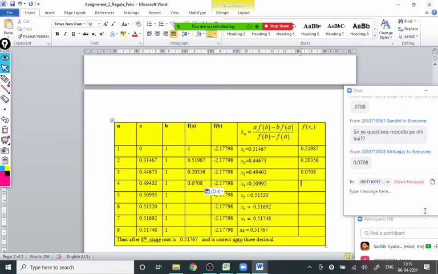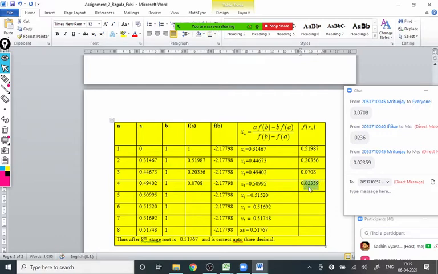I think Iftikhar and Mrityunjay, both of you are correct. So give me the next value for 0.50995. Okay, very good. 0.2359, 2359, if you're writing 4 decimals. Mrityunjay and Iftikhar, both of you are giving me the answers. Good, thank you.